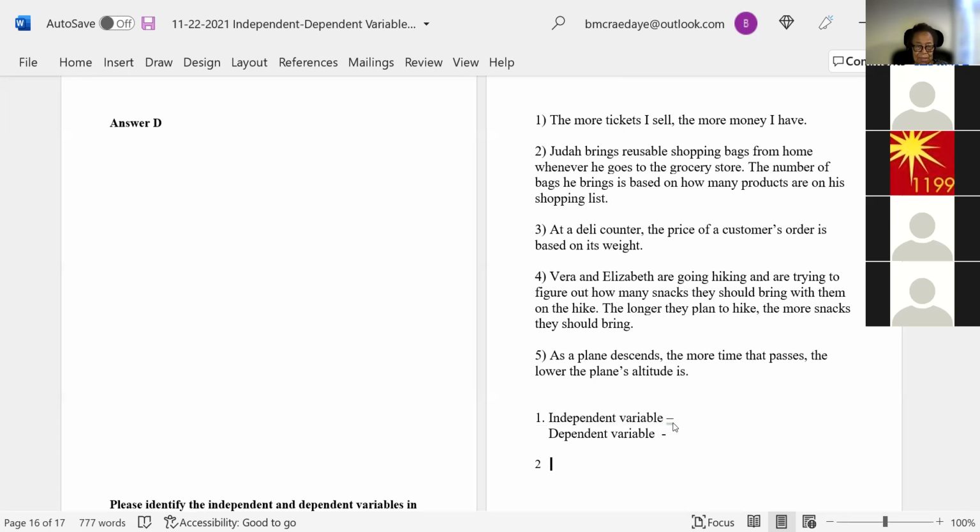And the last one, as a plane descends, the more time that passes, the lower the plane's altitude is. What are the independent and dependent variables? Is it the time that passes or is it the plane's altitude? Which one is dependent? Which one is independent?